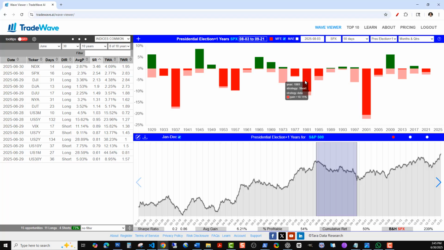Look at this. It's pretty bearish for this time, which is August 3rd until 21st of September.